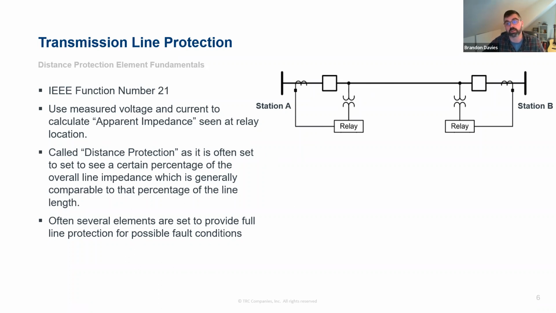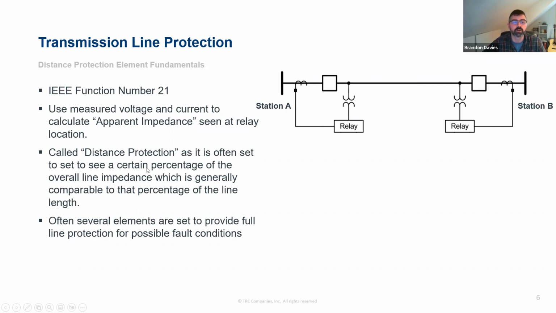So you can use distance protection to estimate where a fault location is, and the relay can say, oh, well, this is a 14-mile long line and the impedance was half the line impedance. So that means the fault is likely somewhere around that 7-mile mark, half the distance of the line.